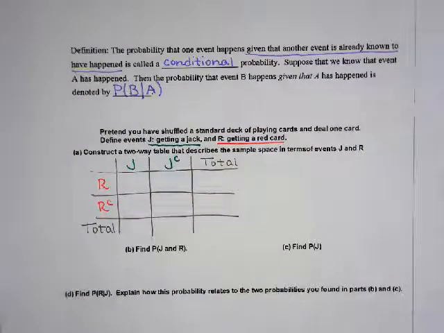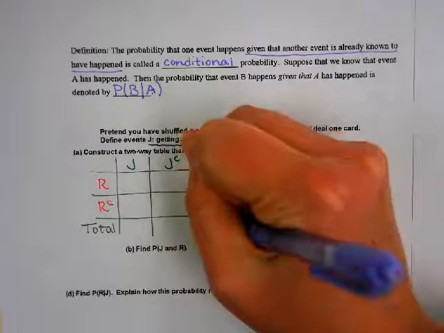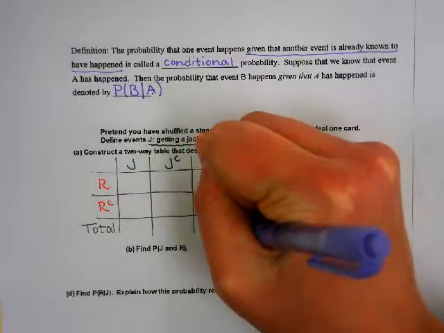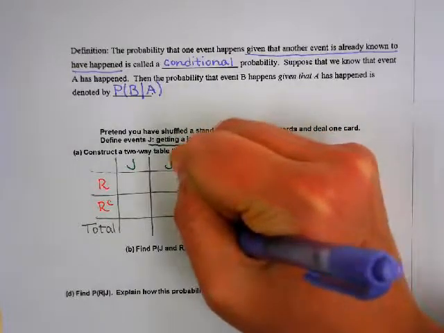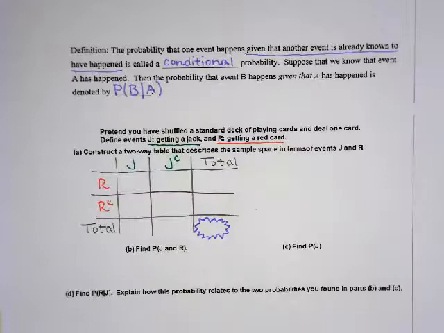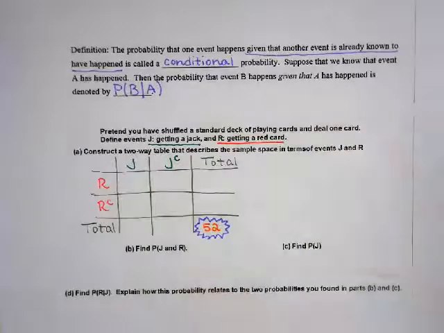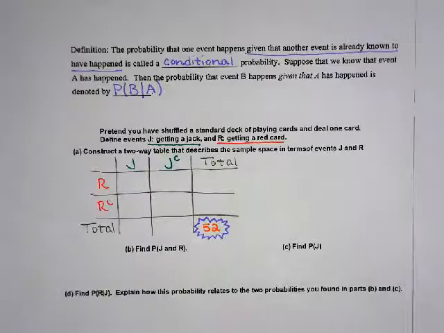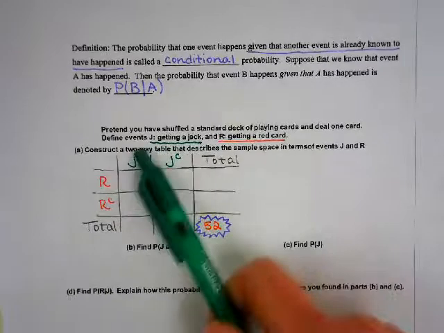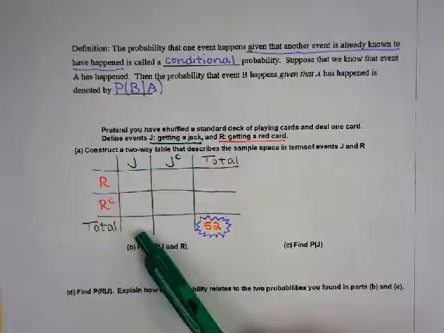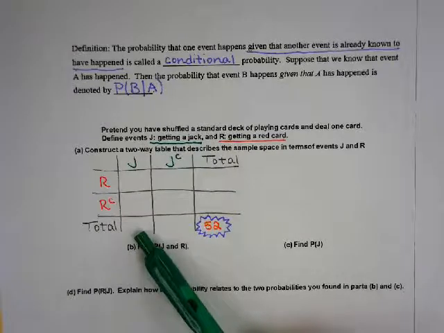And we know that there are how many cards in a standard deck? 52, thanks. So how many jacks are in a deck of cards? 4, thank you.